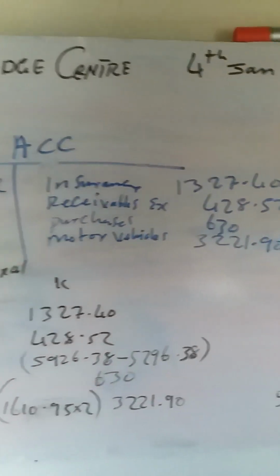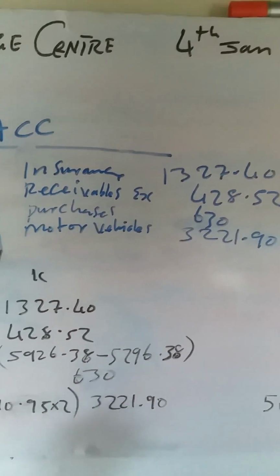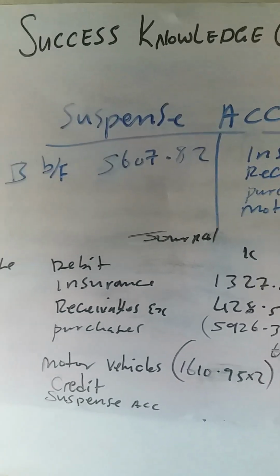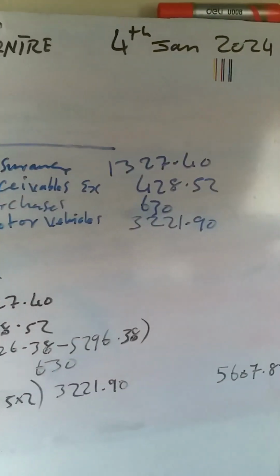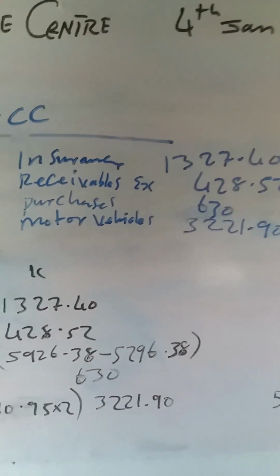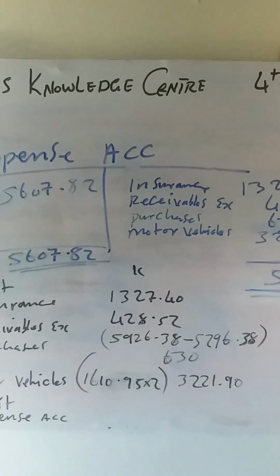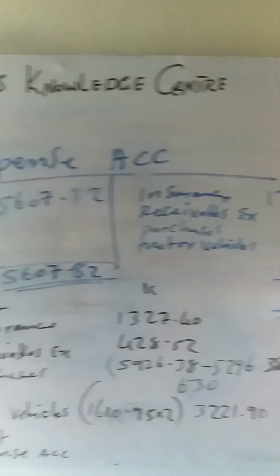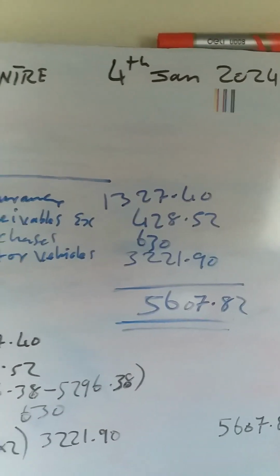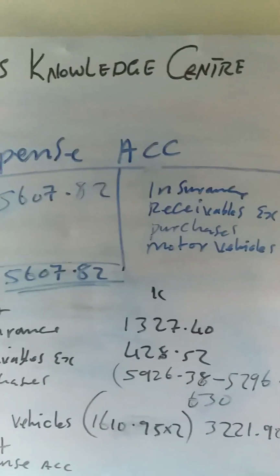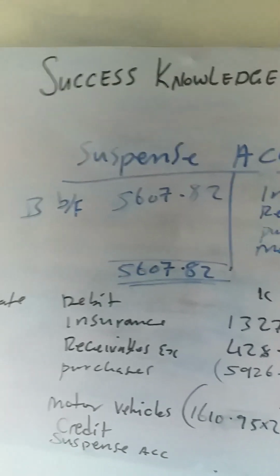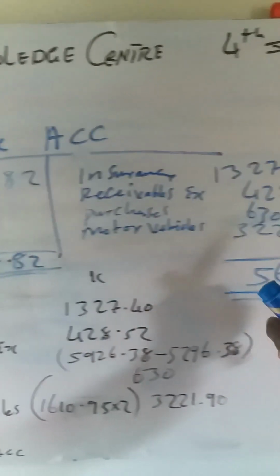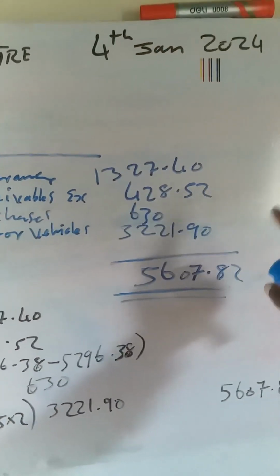So this is how the suspense account will look in the end. Balance brought forward and those single items indicated there. Okay, so the suspense account will look like that when balanced and all the single items are entered there. These are the things which were causing the problems to our suspense account.